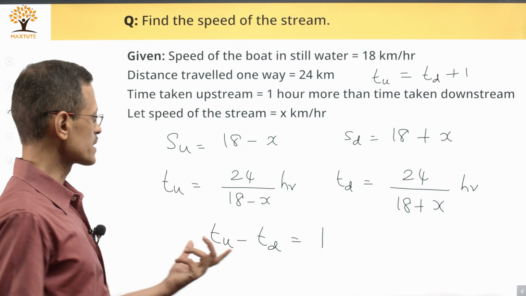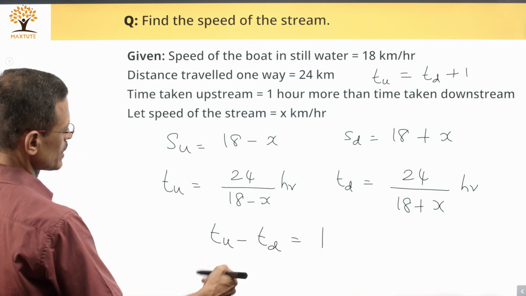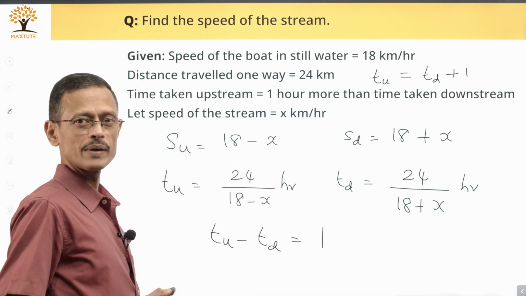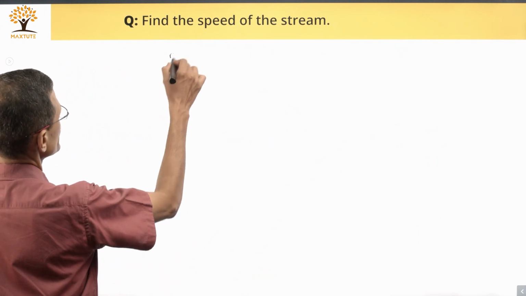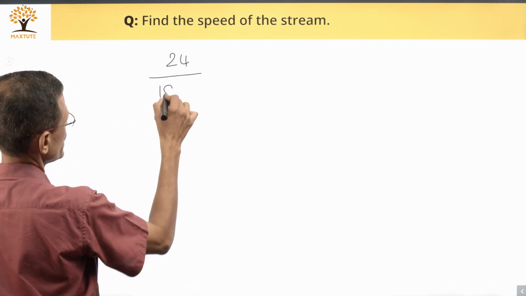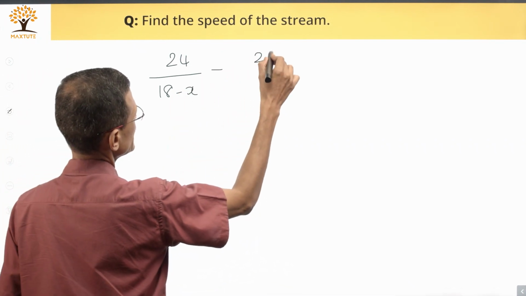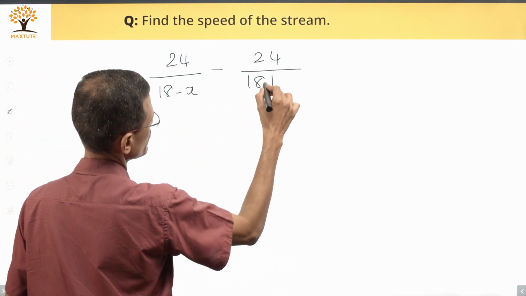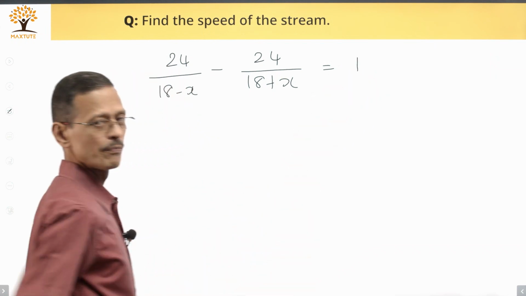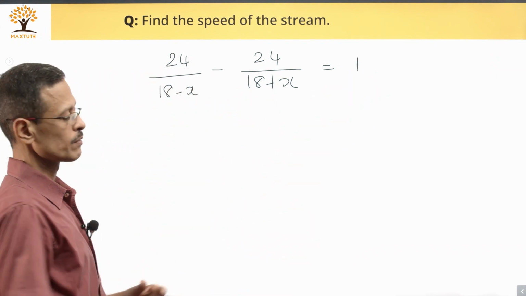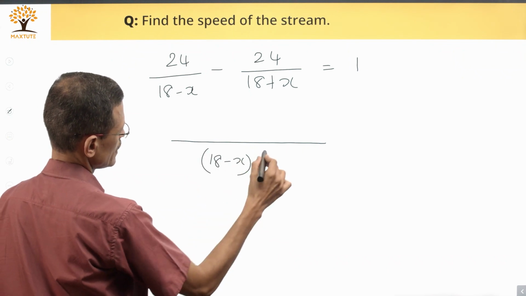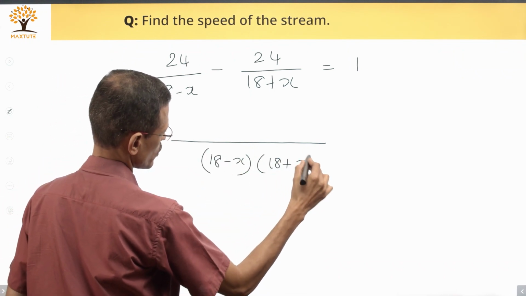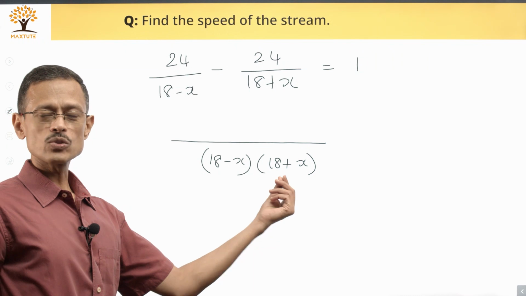So, we are going to solve this equation, which is TU minus TD equals 1, taking TU as 24 by 18 minus x and TD as 24 by 18 plus x. So, 24 divided by 18 minus x minus 24 divided by 18 plus x is equal to 1. 18 minus x times 18 plus x is the common denominator, which is nothing but 18 square minus x square.